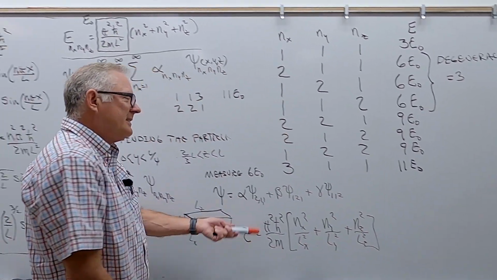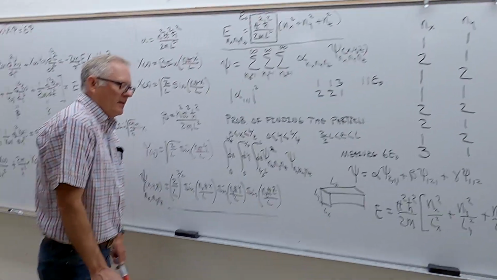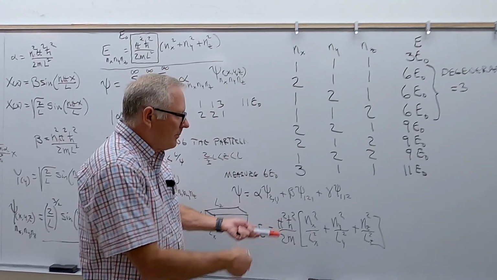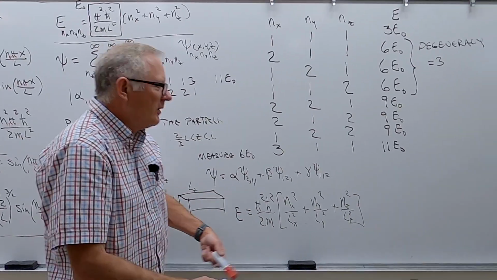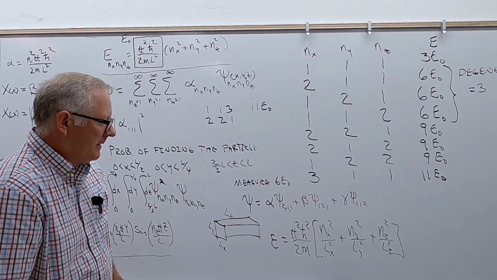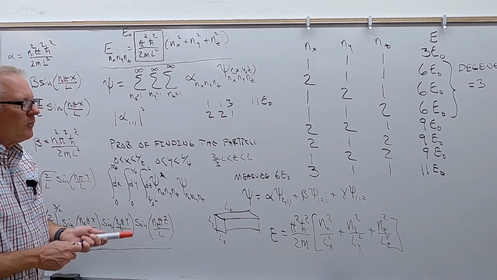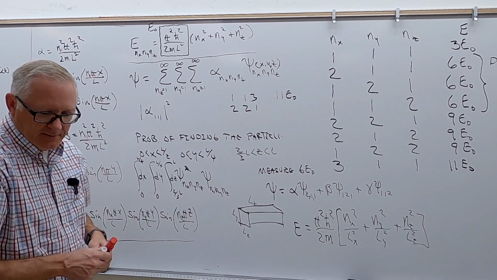And as long as these didn't give the same energy for multiple different n's, then you wouldn't have any degeneracy. This would be the energy if it wasn't cubical.